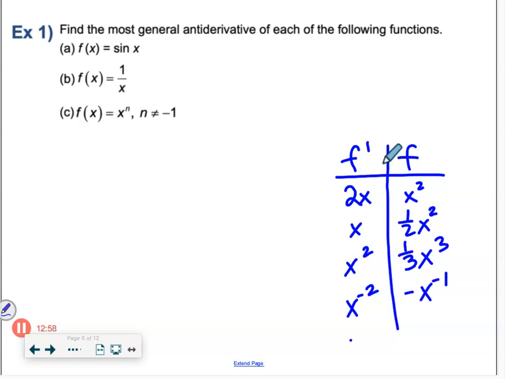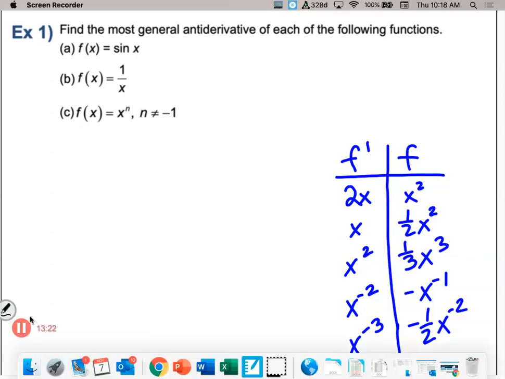You said the antiderivative of x to the negative third was negative 1/2 x to the negative second. You did all of those for your warm-up. See if you can look at this and figure out a pattern to find it for a generic case of x to the n. So take another minute, see if you can figure out a generic case.